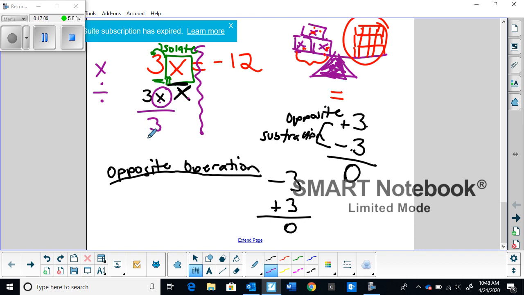What's 3 divided by 3? That's going to give me 1. So all I'm going to be left with on this side is 1x, which is exactly what I want, right? I just want 1x on its own. Fantastic. The only problem is, let's pretend I have my scale.